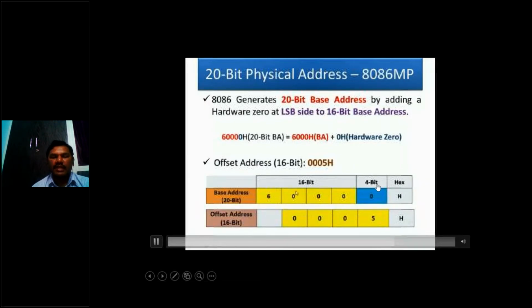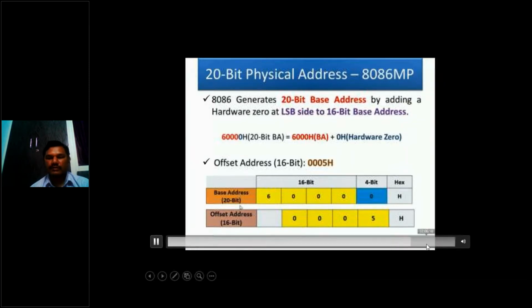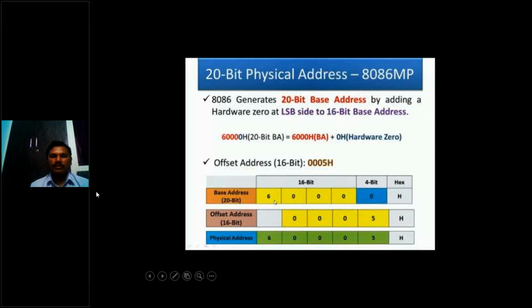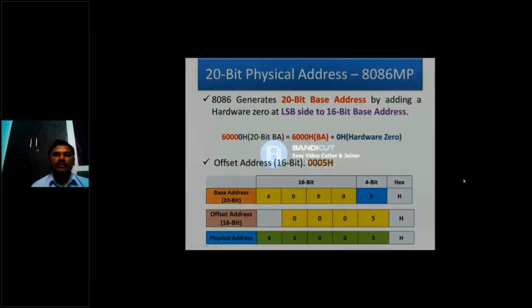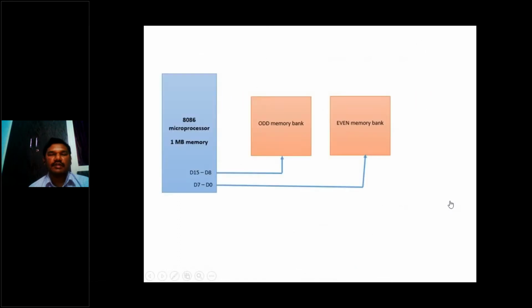The offset address you see here is added. Understood? Like that we can calculate the physical address.